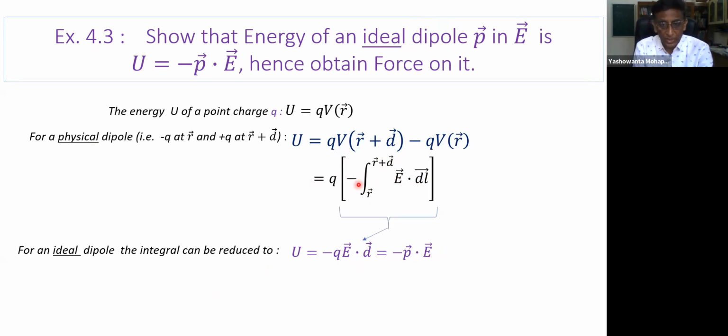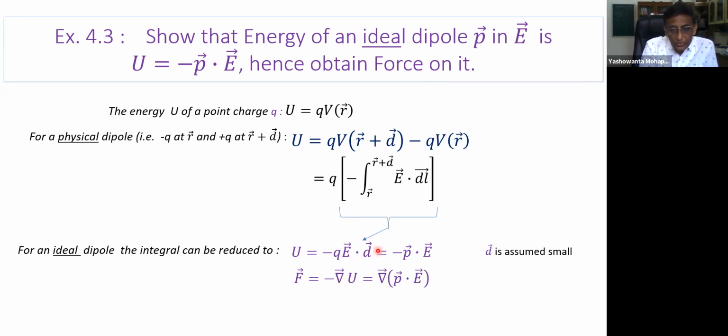Okay, so I'm reducing this to E dot D; that is the only thing I'm really doing, because D is assumed small. Now you can prove that F is equal to minus grad U. Here you can see this is grad of P dot E, that is the energy. Okay, minus minus is of course giving the force as minus of grad, but the interaction energy itself has a minus, and so it is simply grad of P dot E.